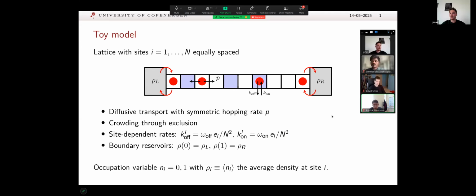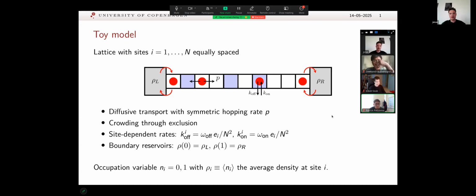They hop with symmetric rates, which fix the diffusive timescale, but they can also, at specific sites in the lattice, which I colored blue here, attach or detach in the system, which is basically representative for the downstream reaction that causes the next stages in the development of the embryo, for instance.